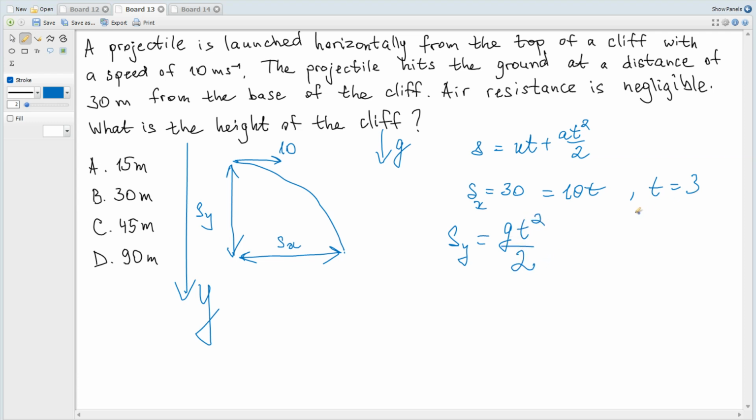And if you know the time of flight, you can substitute 3 for t to find the vertical displacement, which is equal to the height of the cliff. So it is approximately 10 times 9, it's 45 meters. C is correct.